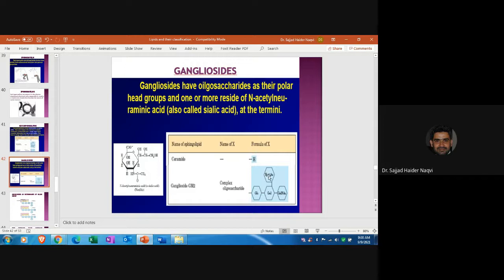This one you can see here. So their head groups, or the charge group, or the polar group, whatever you call them, they have more residues of N-acetyl neuraminic acid, which is shortly being called as sialic acid in a common term. And this is the structure of a sialic acid here.